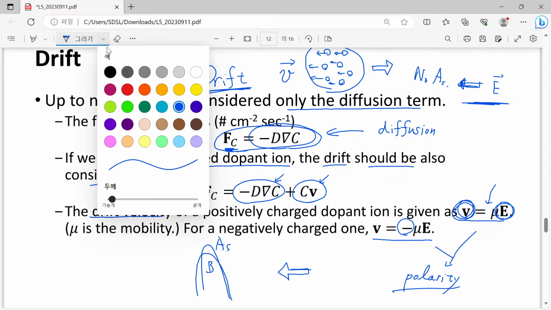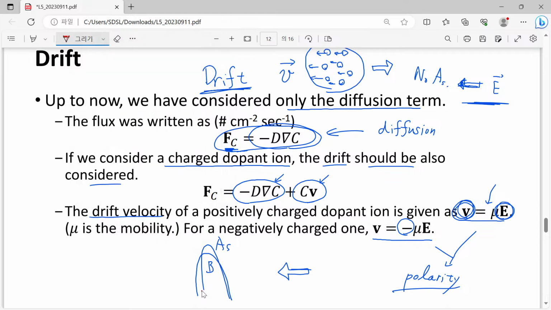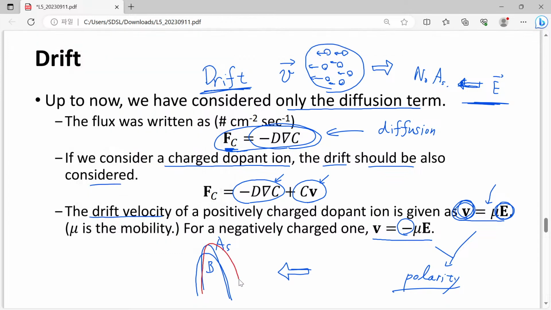So what we can expect quantitatively, after the same time, and let's say that they accidentally have the same diffusivity, is that we will have this kind of arsenic behavior.